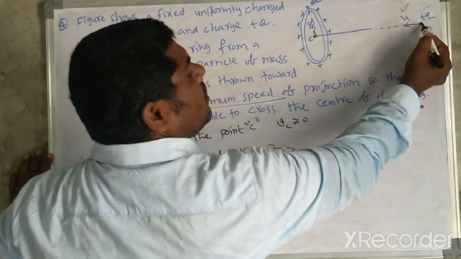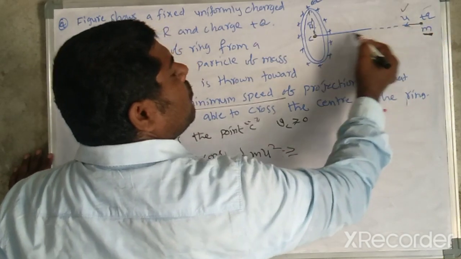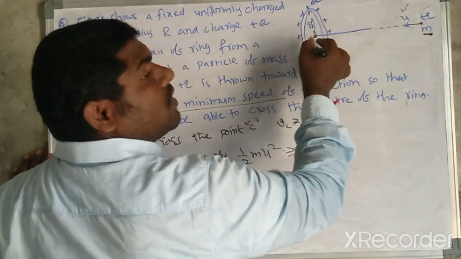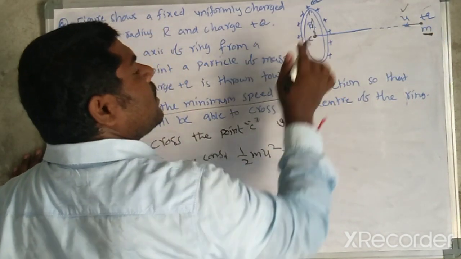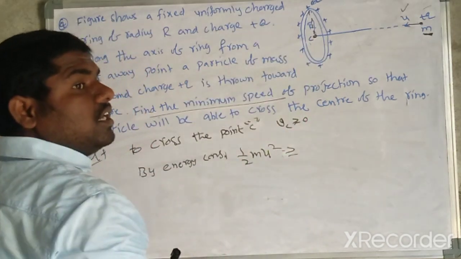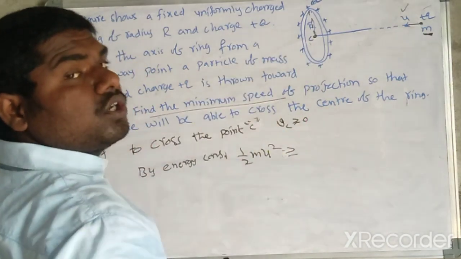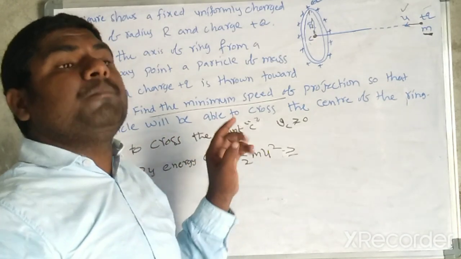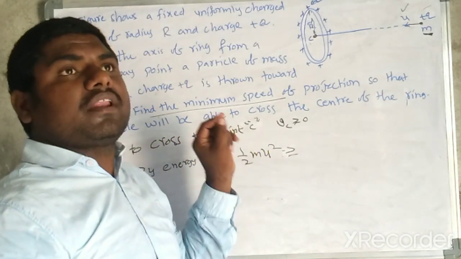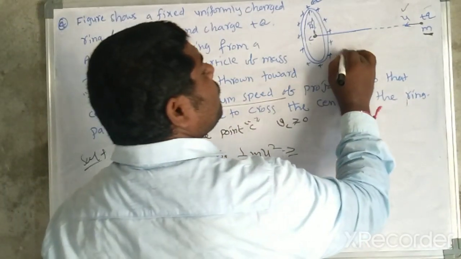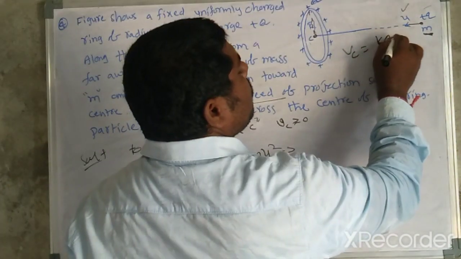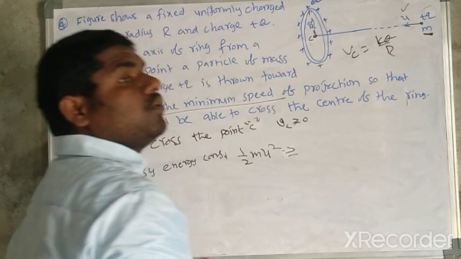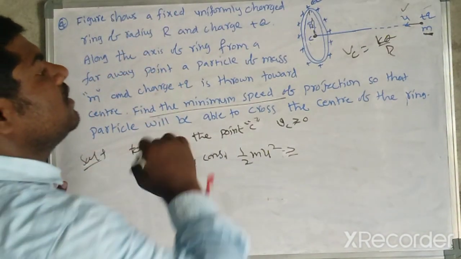the energy after this charge moves towards the ring, at the center. Here some interaction energy is there. That interaction energy is equal to q into Vc. Vc is nothing but the potential at the center of the ring. The potential at the center of the ring Vc is equal to KQ by capital R. Already we know the potential inside the ring.